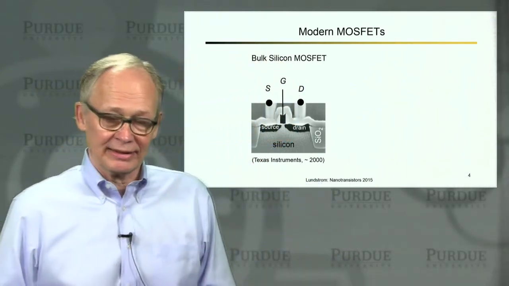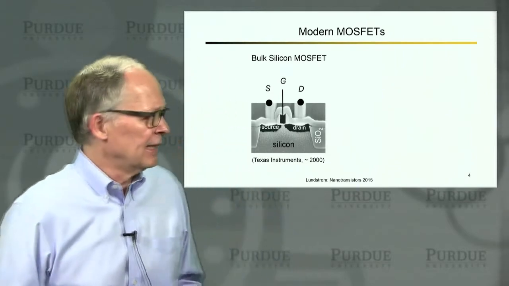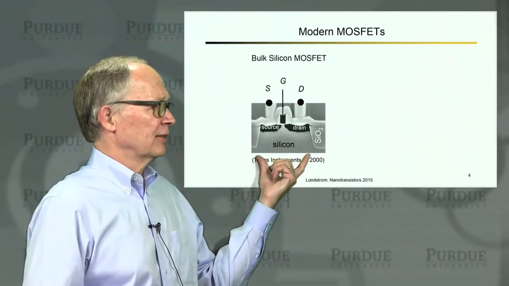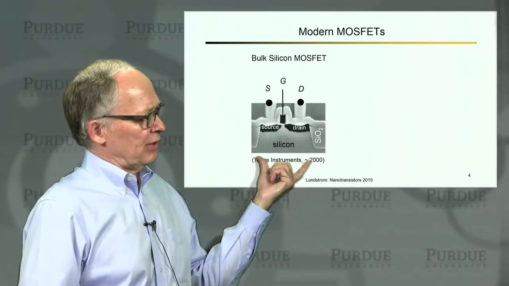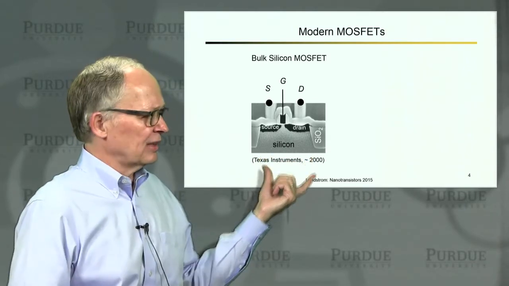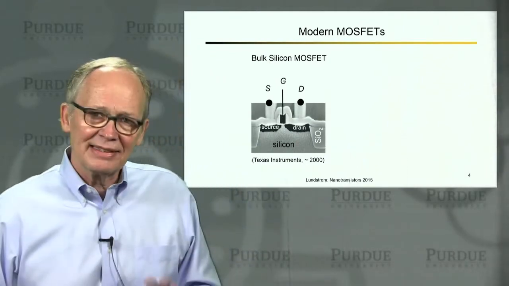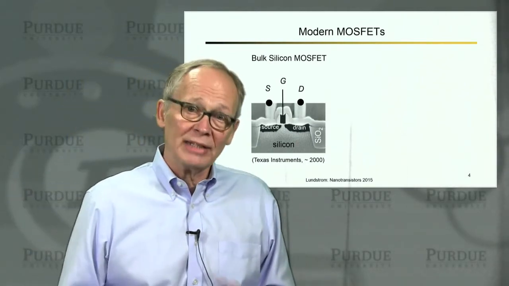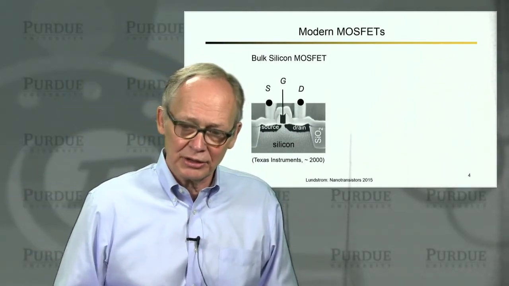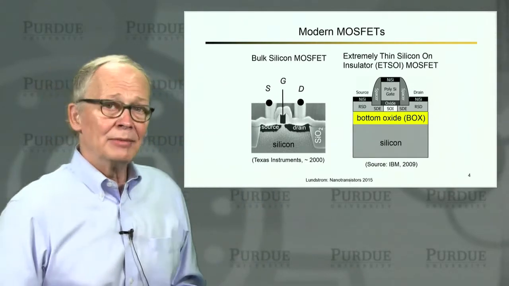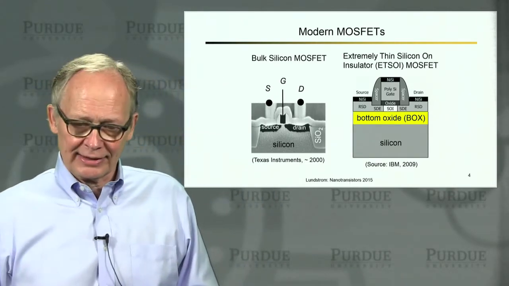Now, modern MOSFETs have evolved over the last 60 plus years to become very sophisticated. So this cross-section is a very good illustration of what a transistor is and what the key components are. It's about 15-year-old technology right now. These days, there's some more advanced technologies that companies are using. So for example, one of them is called silicon on insulator technology.